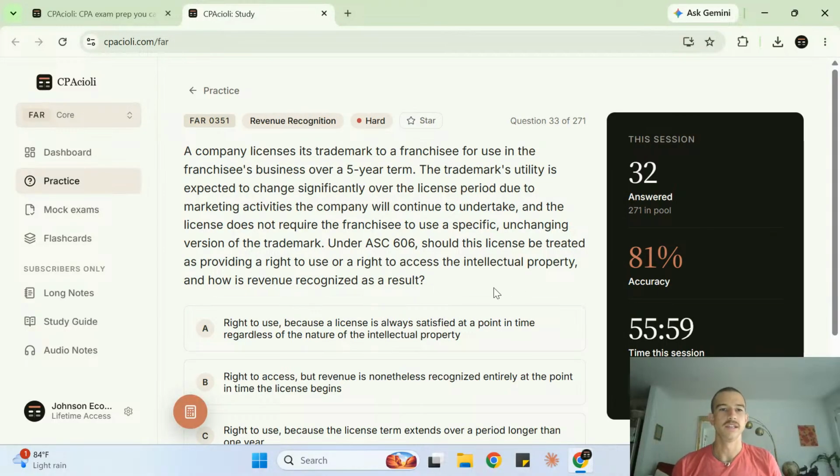All righty. Company licenses a trademark to a franchisee for use in the franchisee's business over a 5-year term. Should this license be treated as providing a right to use or a right to access property, and how is revenue recognized as a result?